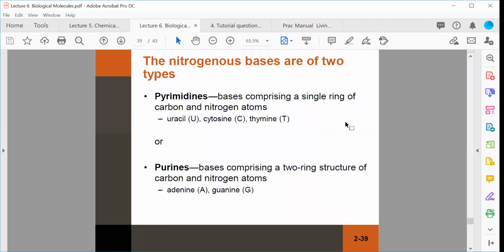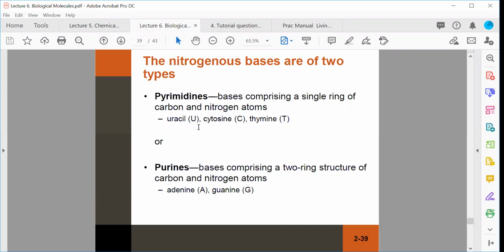Now, I said that there were 5 different types of bases and therefore 5 different types of nucleotides, and they put those 5 nucleotides into 2 different groups, which are shown here, not particularly important for us. One group is called the pyrimidines, one group is called the purines.